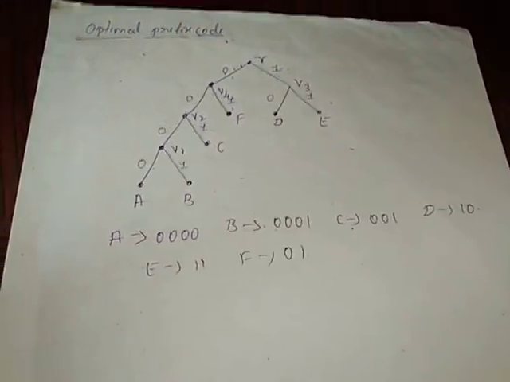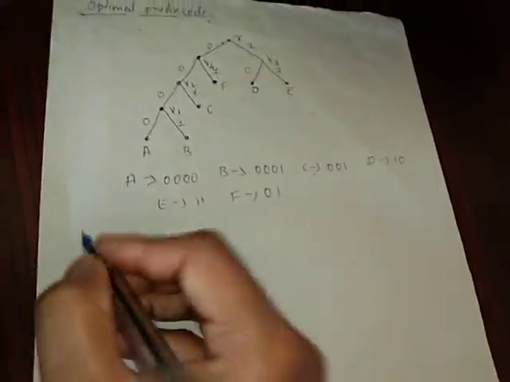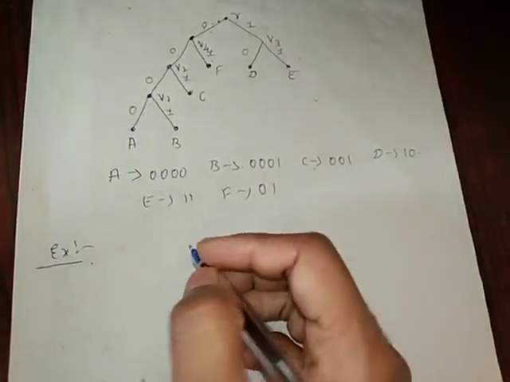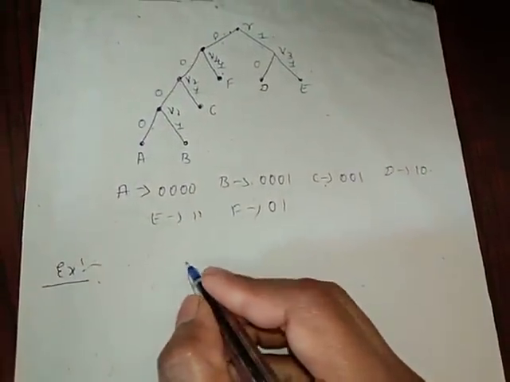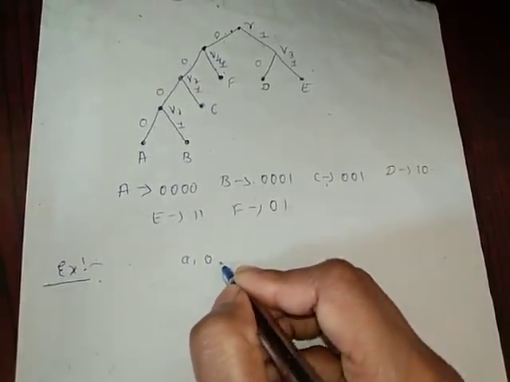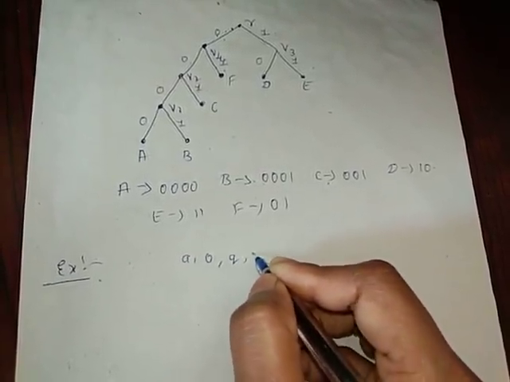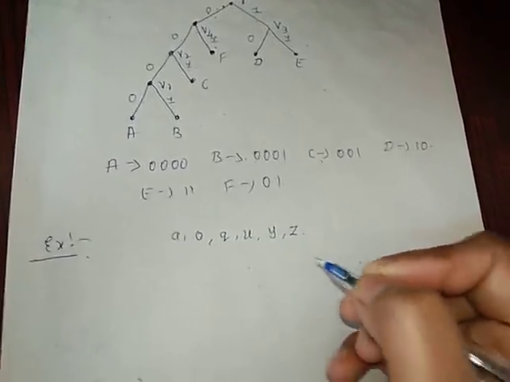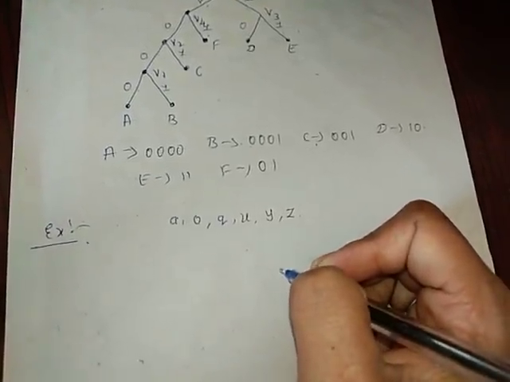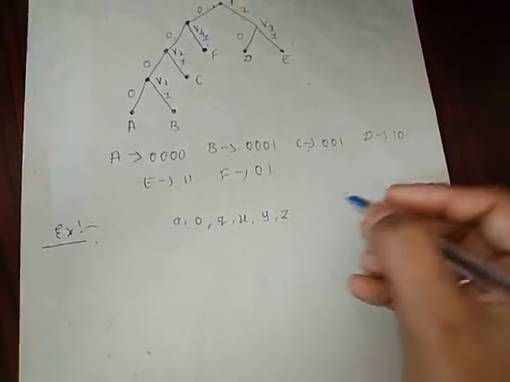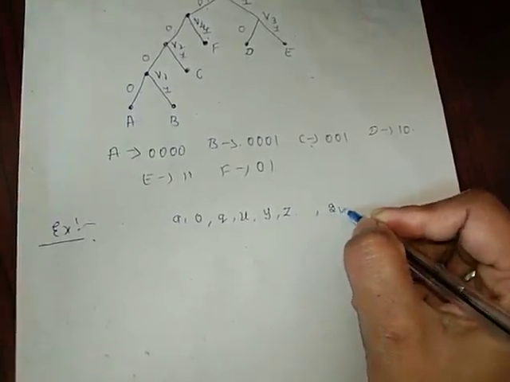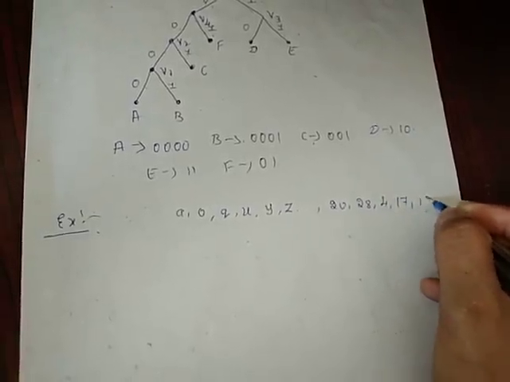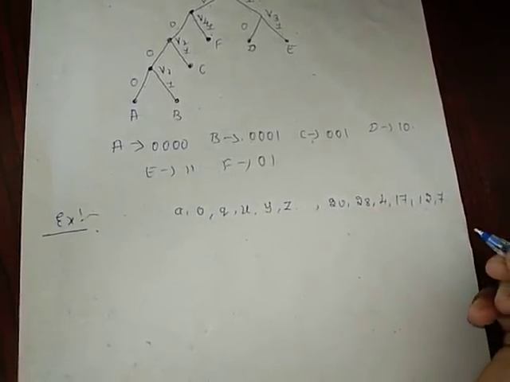Now take an example. Construct an optimal prefix code for the symbols A, O, Q, U, Y, Z that occur with the frequencies 20, 28, 4, 17, 12, 7.